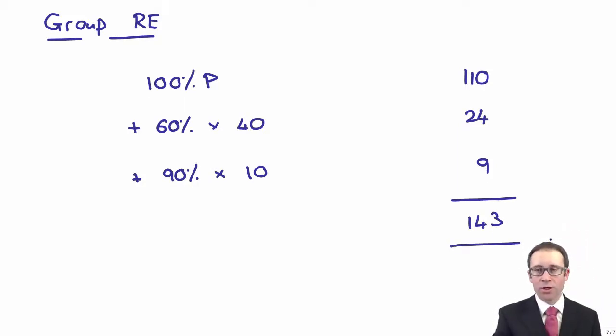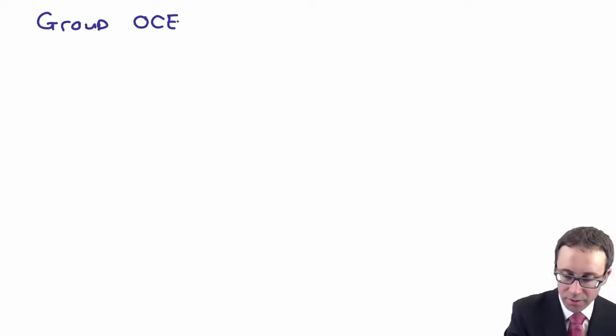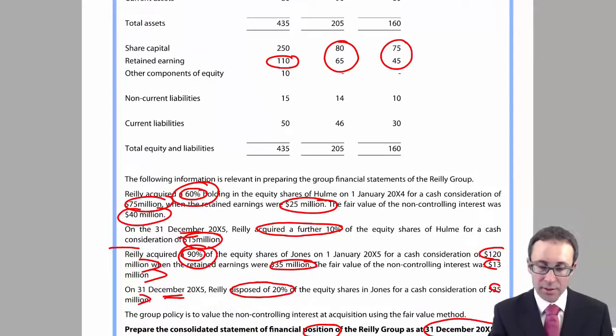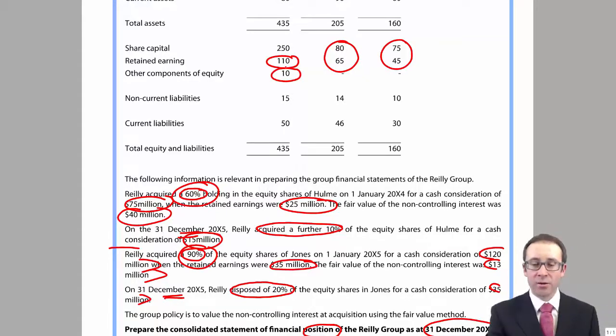And then what you also have is an additional working to deal with the group other components of equity. Don't see it very often, but we do here because of the change in ownership.